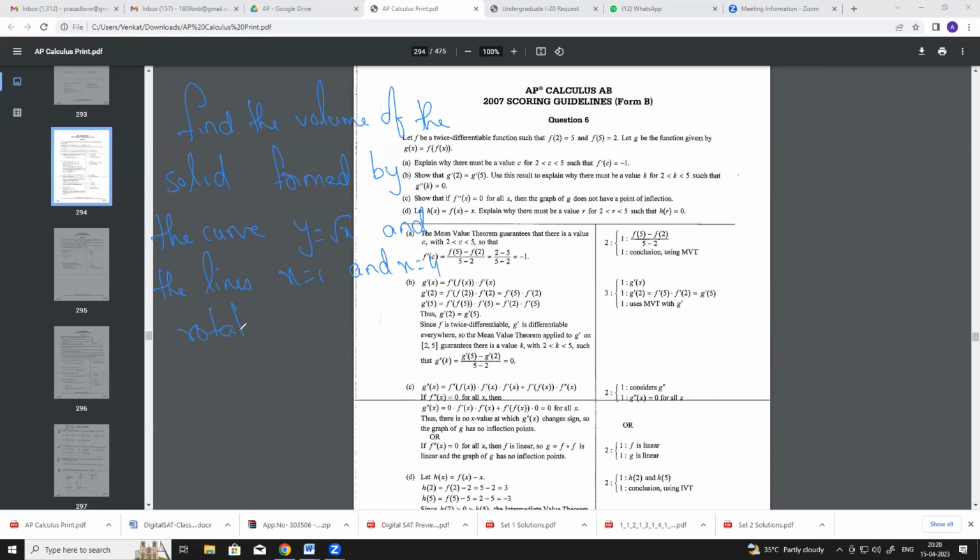All these are actual questions. I might have just modified small changes in values, but the questions are: rotate about the line y equal to 1. Just see this question now.